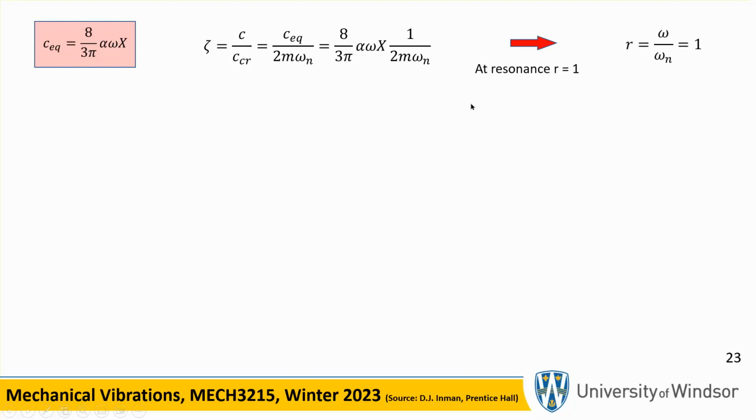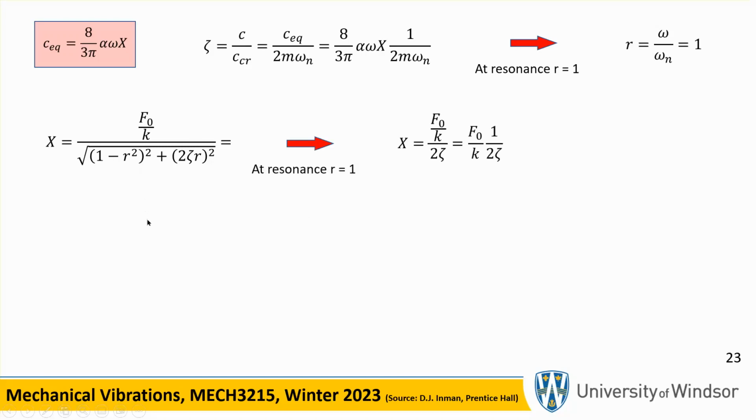At resonance, r is equal to 1 because big X is biggest at r equal to 1, kind of. If you go back to your notes and test number 3, you see that that is not quite true, but the peak is very close to r equal to 1. So at r equal to 1, you just plug in these values.